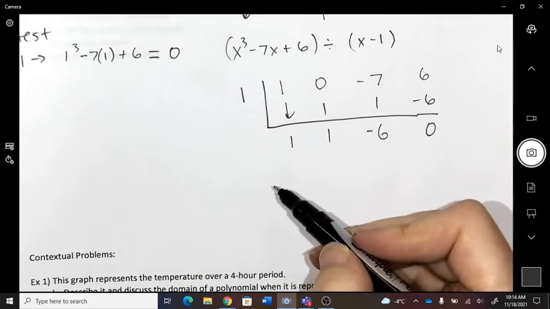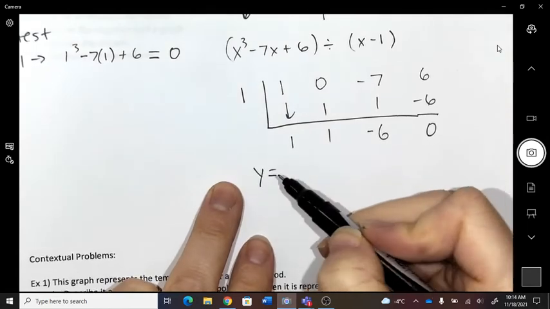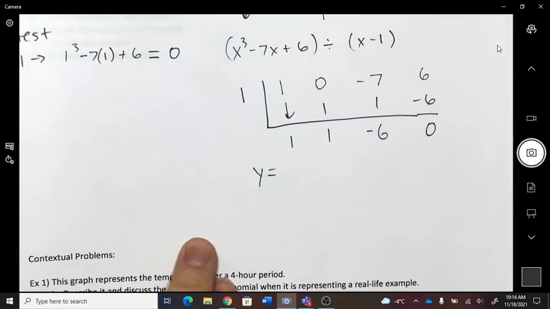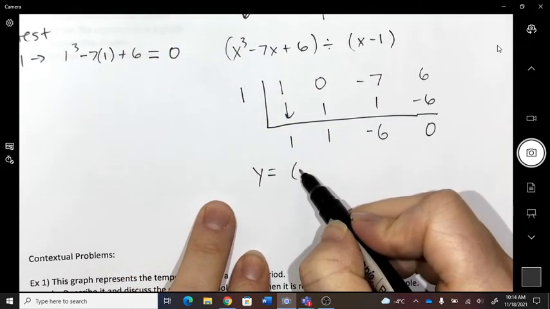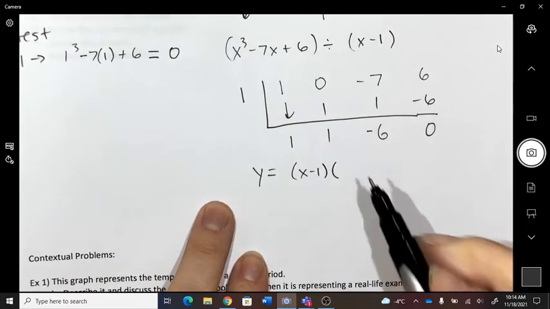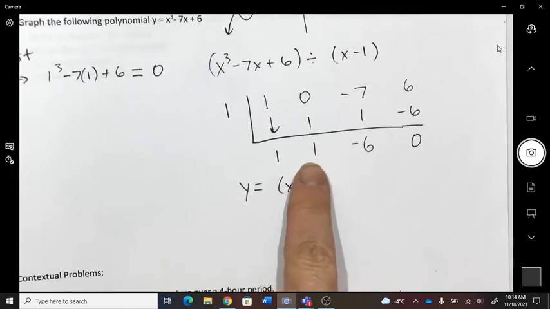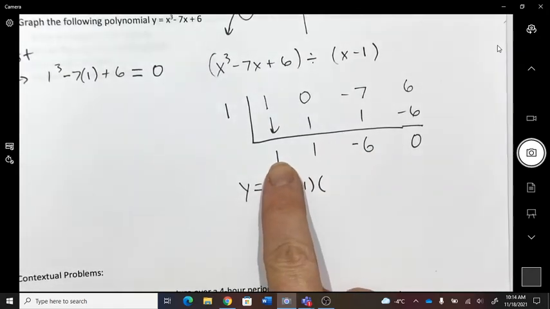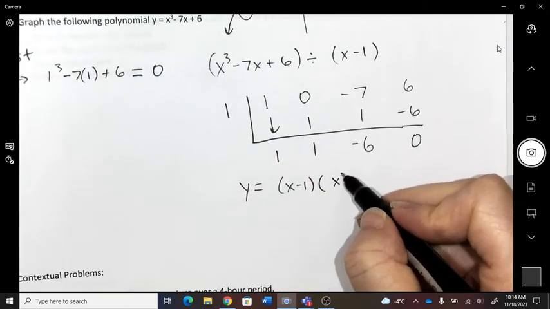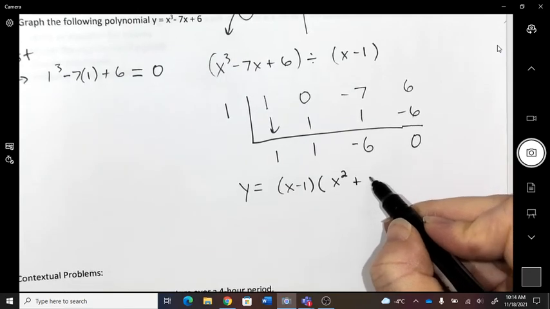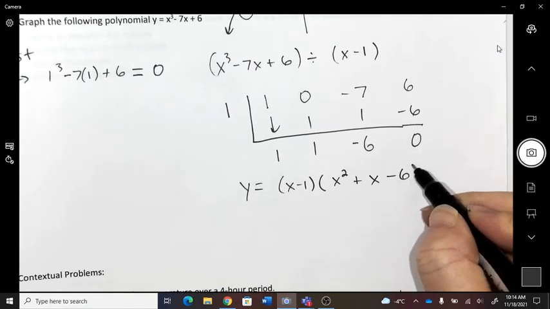Okay, so what is our function here? Our function is x minus 1 times, what was this quotient here? This is 1 what? X squared plus 1x minus 6.